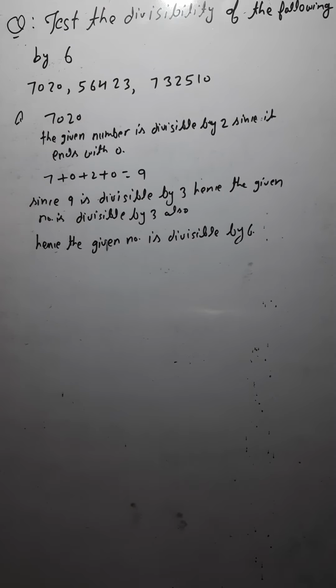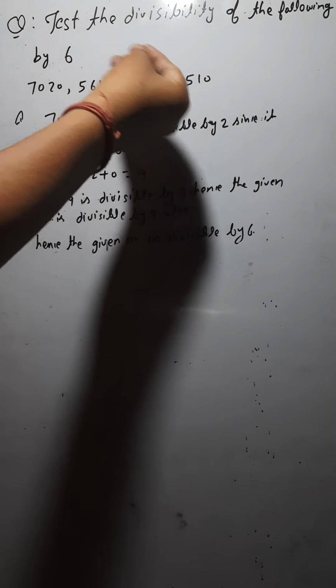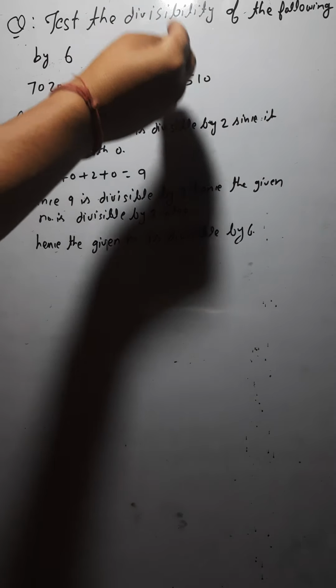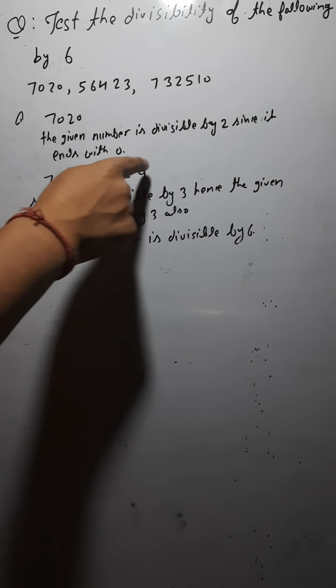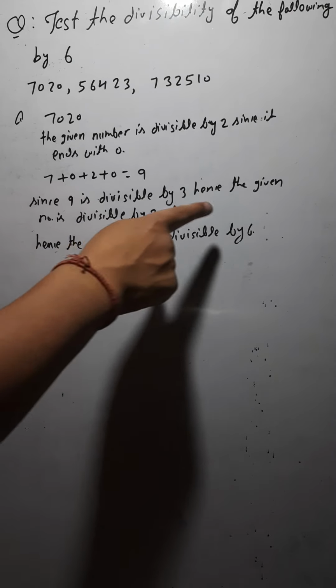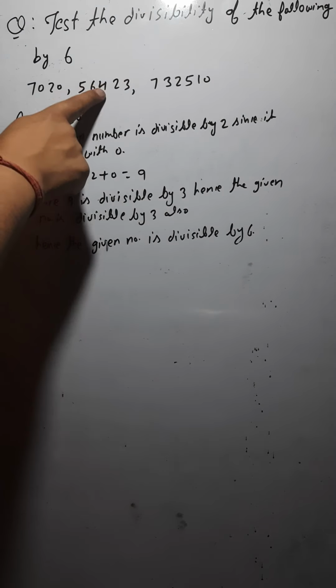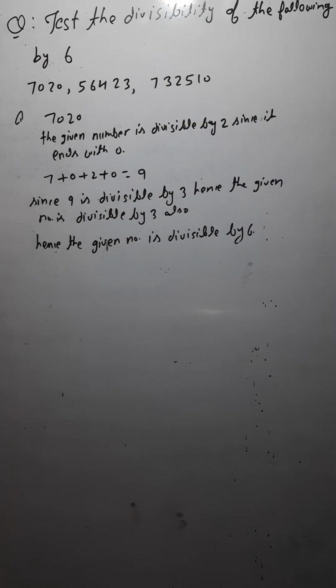So the second number is not divisible by 6. What about the third number? It ends with 0. So it is divisible by 2. Now whether it is divisible by 3, that also you have to check, add all the digits here. If the sum is divisible by 3, then you would say yes, the number is divisible by 3. Hence the number is divisible by 6 also. So the second and third questions you have to do on your own. Are you getting this? Very good.